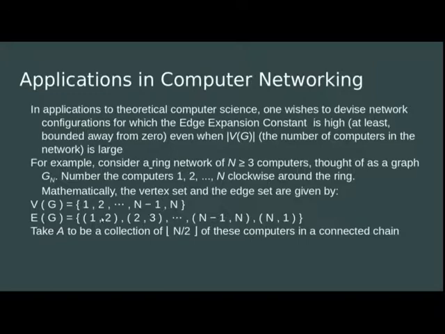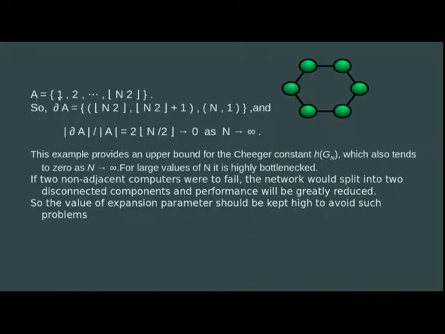Now take A to be a group of floor of n by 2 of these systems in a chain. Let A be 1, 2, 3, and so on till floor of n by 2. Then dou of A will be the pair of vertices that are not included in A but have some neighbors in A. So they will be n by 2 and n by 2 plus 1, and n comma 1.